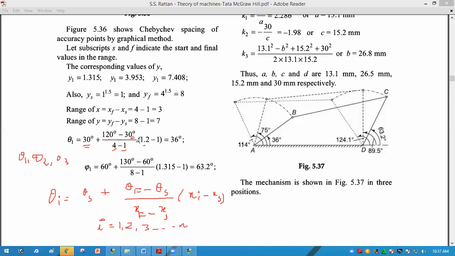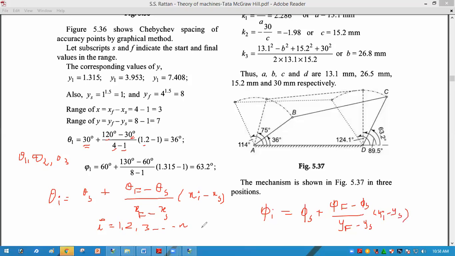And similarly, find out the theta 2 value and theta 3 value. And the formula for calculating phi 1 is the same formula, that is phi i equal to the starting value of phi plus (phi f final value minus phi s starting value) divided by (yf final value minus ys) into (yi minus ys).